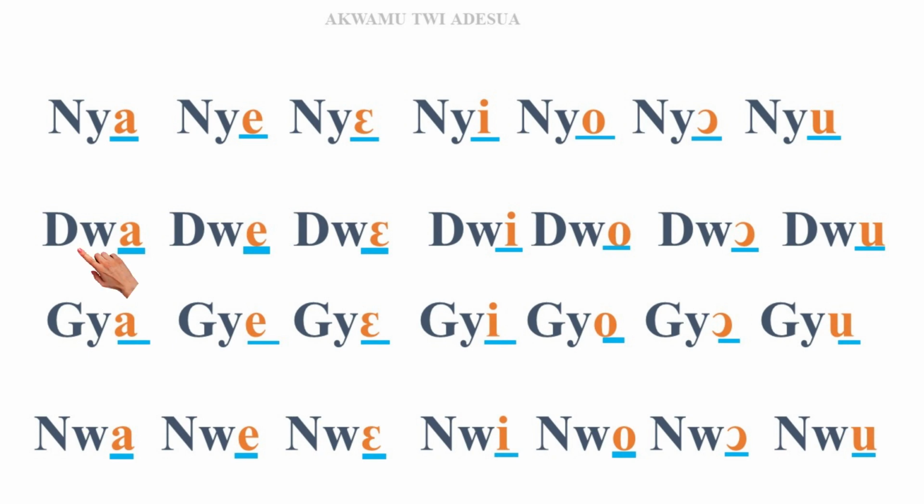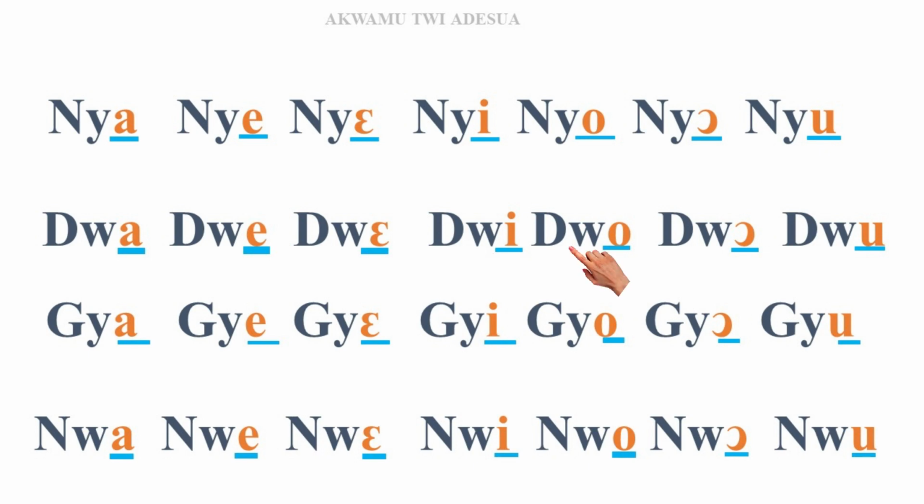When we add the vowel sound A to it, we'll get dwa, because DW also gives us the j sound. Then when we add the E, which is the inverse of 3, we'll get dwe. Then when we introduce the vowel sound E, which is the I, to the D and then the W, we will get ji.